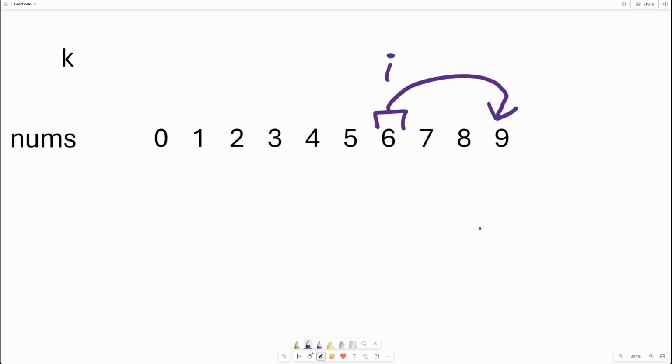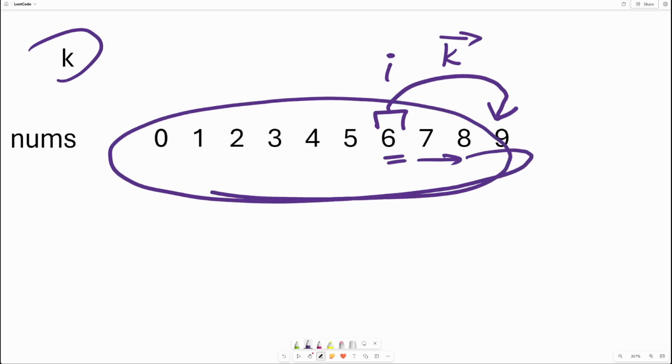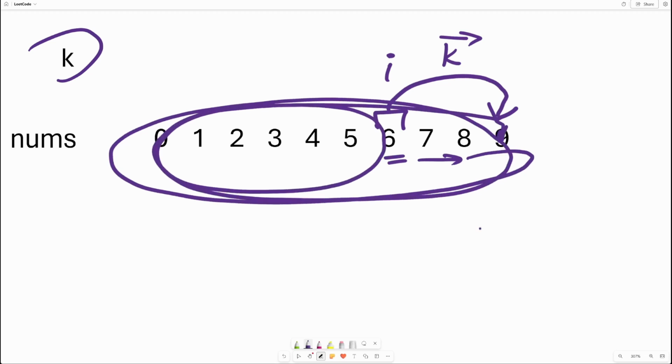So we're going to be moving everything k steps to the right, and we have to find an index i which will end up at the end. Notice that k could be a very large number. So when you move any element k steps to the right, it could end up going around multiple circles around this array and finally come here.